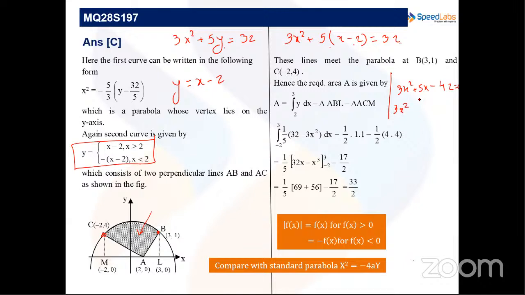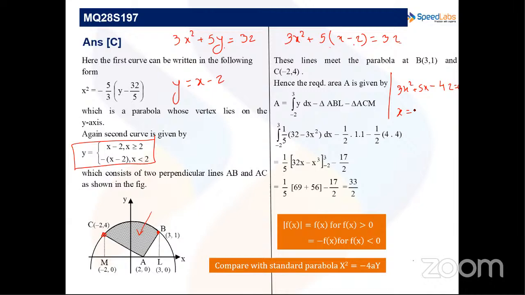So this will be 3x square plus 5x minus 42 equals to 0. Use the Sridharacharya formula or anything.